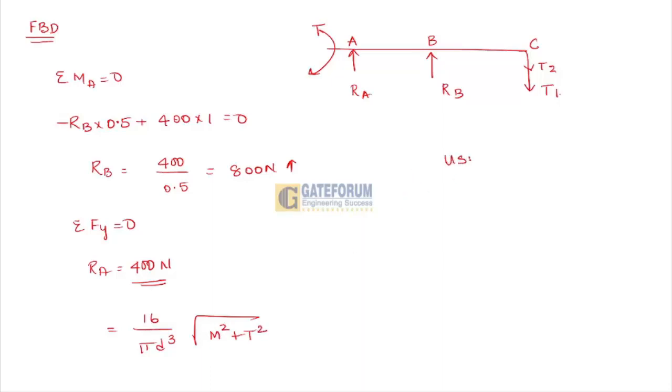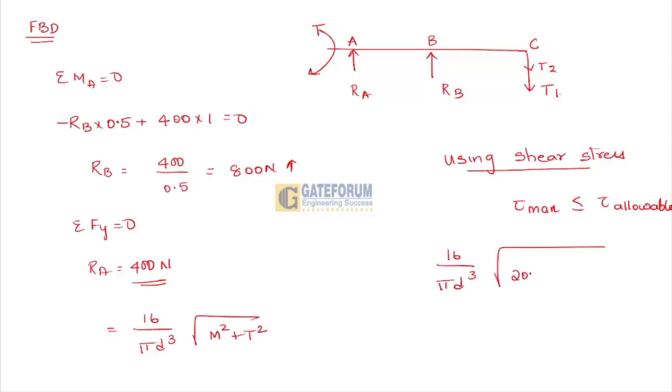Using shear stress theory, tau max is less than or equal to the allowable stress: 16 by pi d cube into root of (200 into 10 cube) whole square plus (80 into 10 cube) whole square. He has given the tension, right? So this should be less than or equal to 80, the allowable stress.